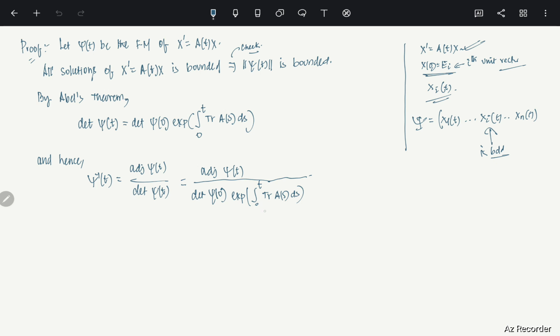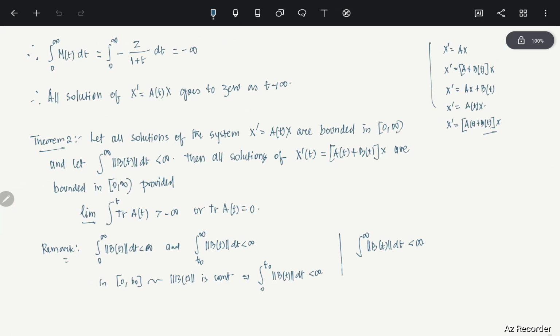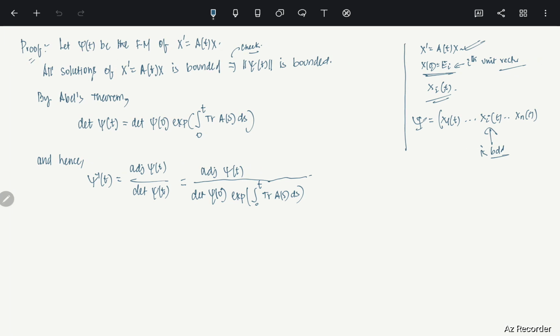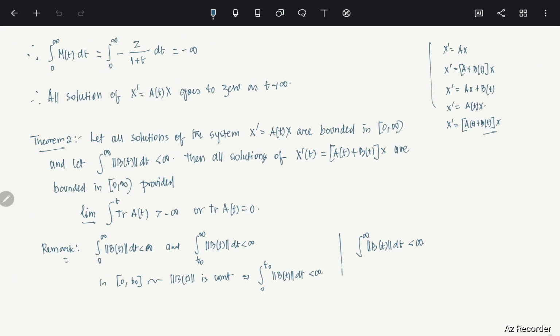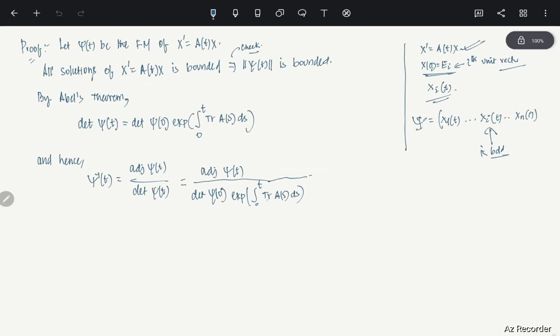If this is 0, then it is basically the adjoint of phi(t) divided by the determinant of phi(0). And if the integral is greater than minus infinity, then also this is going to be bounded. Therefore, one can say that the norm of phi inverse of t is bounded.